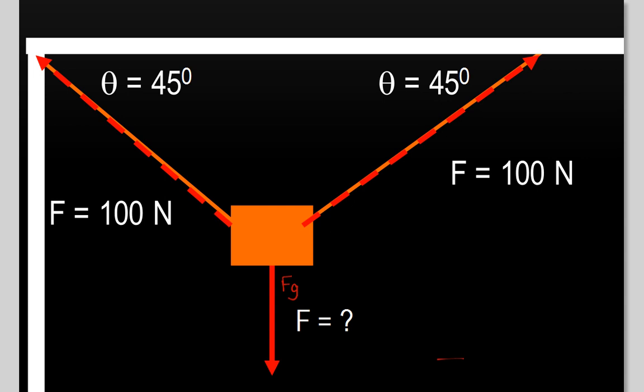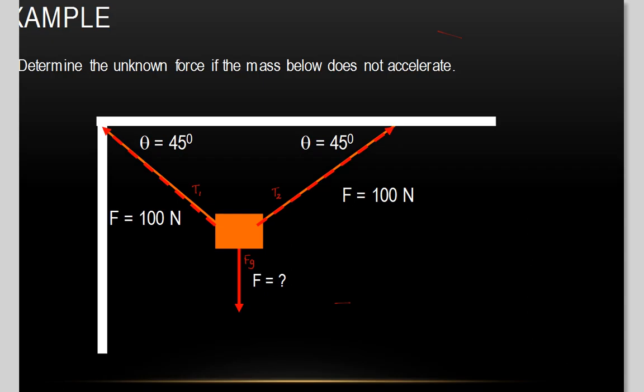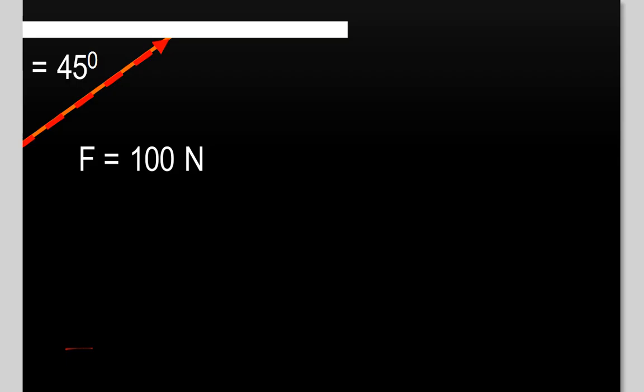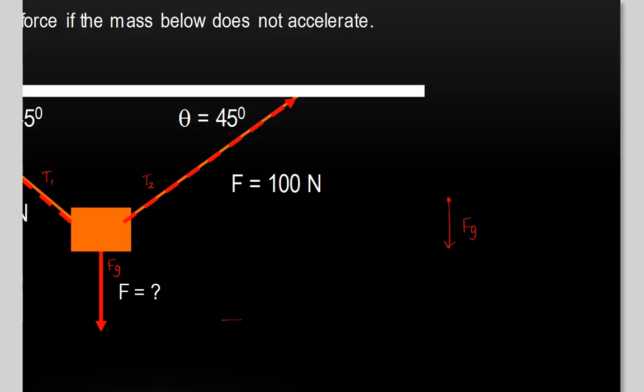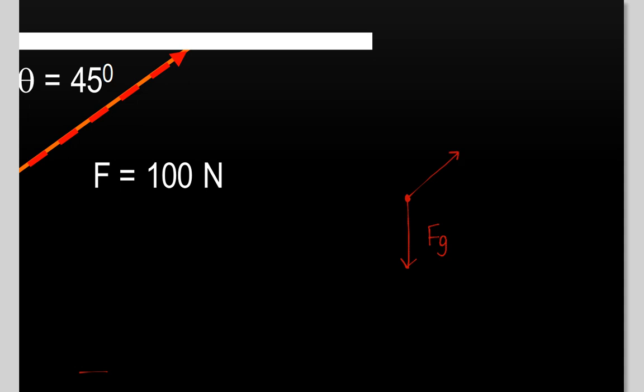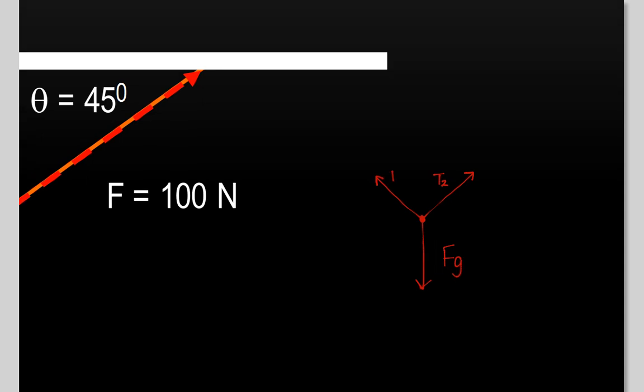So call this one tension 1 and call this one tension 2. I'm going to draw it off to the side. Here's Fg. Here's T2. And there's T1.